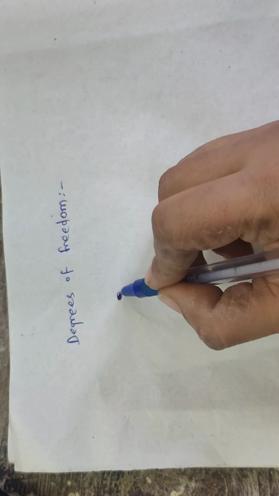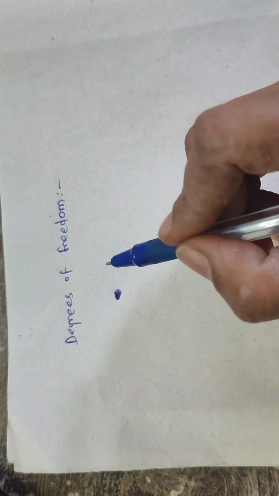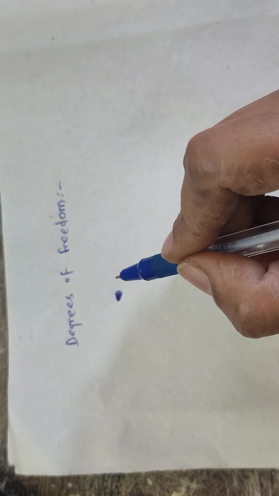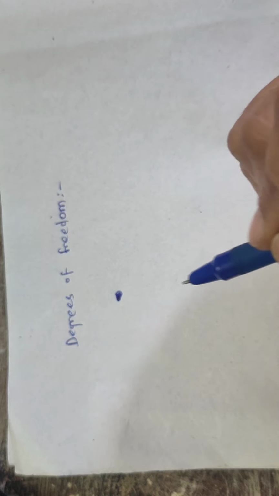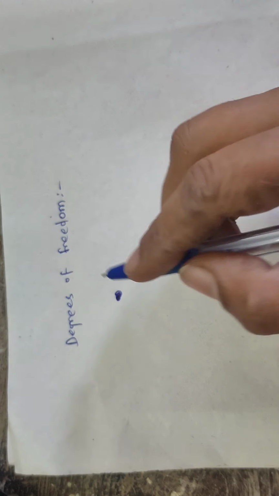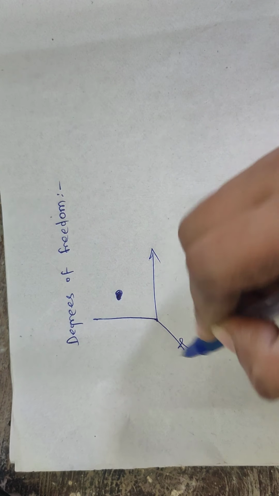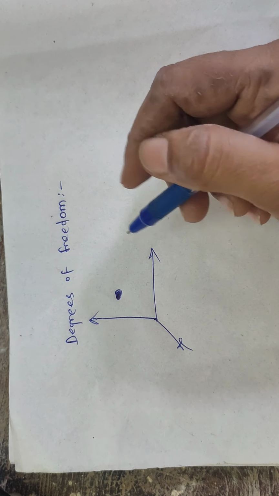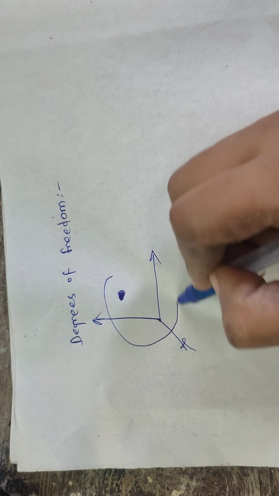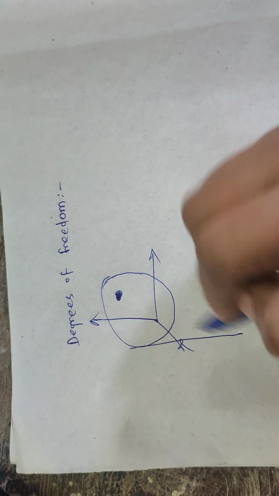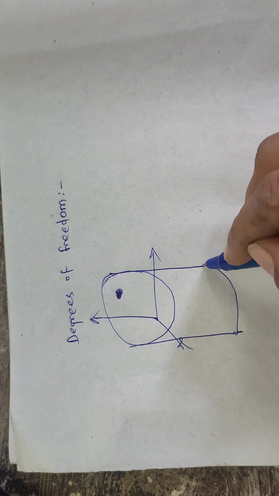Then the motion of this particle can be described using three independent coordinates such as Cartesian coordinate system, spherical polar coordinate system or cylindrical coordinate system.